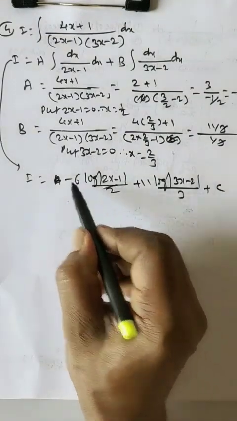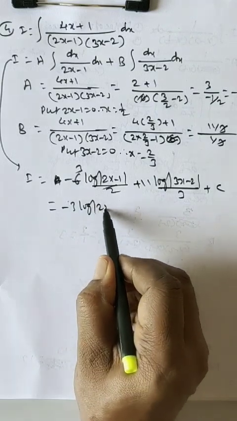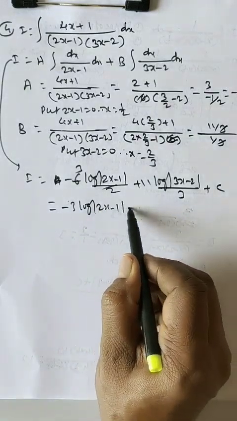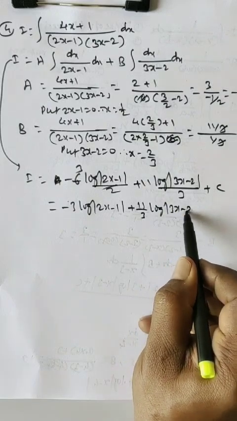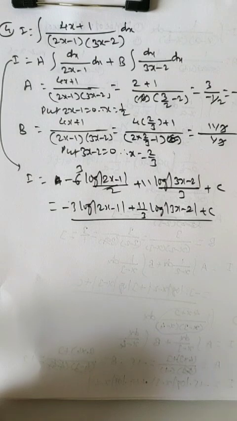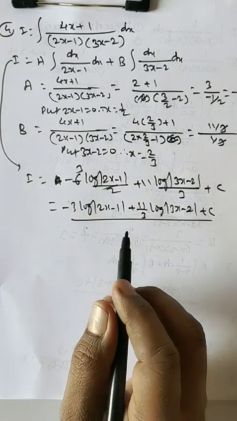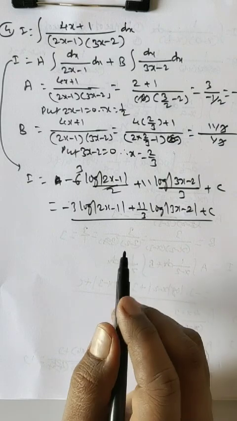Therefore the final answer is minus 3 log of 2x minus 1 plus 11 upon 3 log of 3x minus 2. Now in this way you can solve other examples of this type.